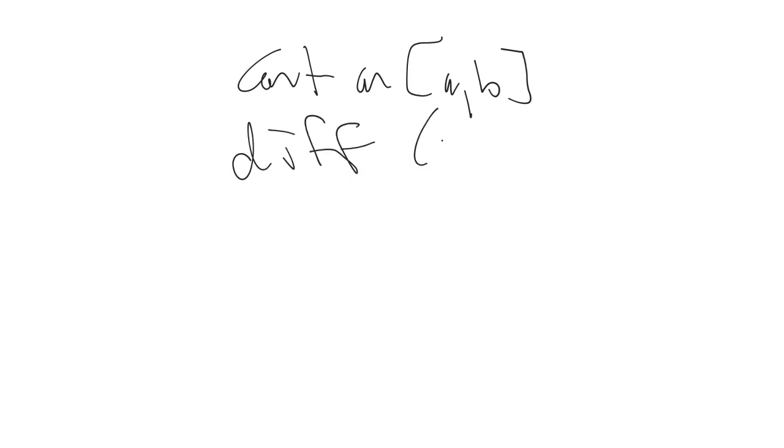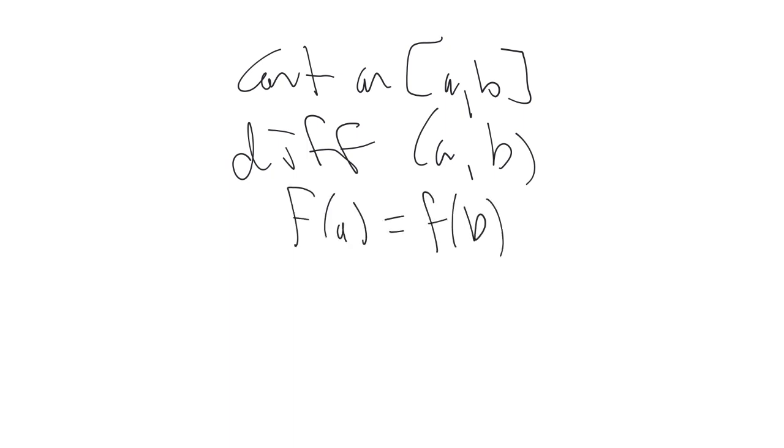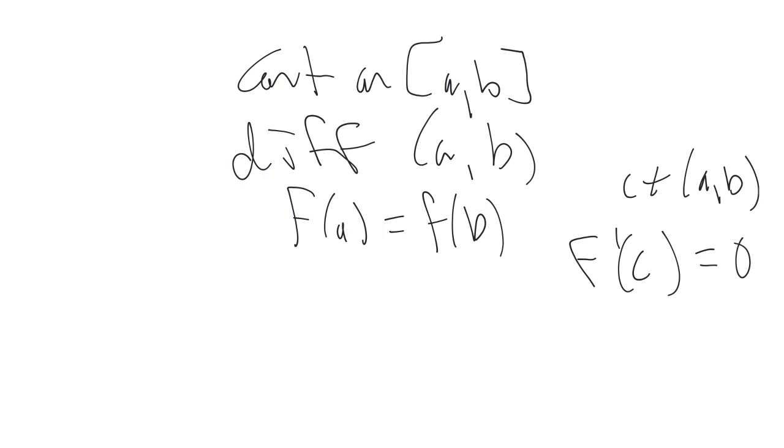You need to be continuous on the closed interval, differentiable on the open interval, and the third factor is that you needed the endpoints to be the same. And I want to take away one of those and find something that fails the result. The result was supposed to be there's a c in the open interval (a, b) where the derivative is 0.